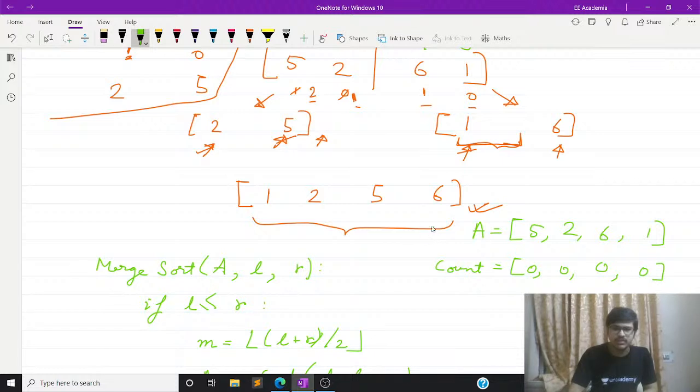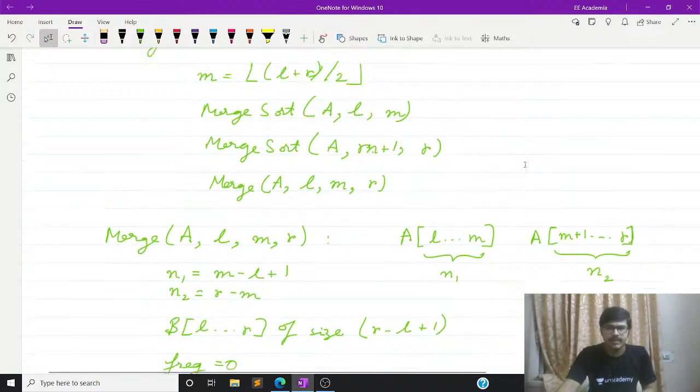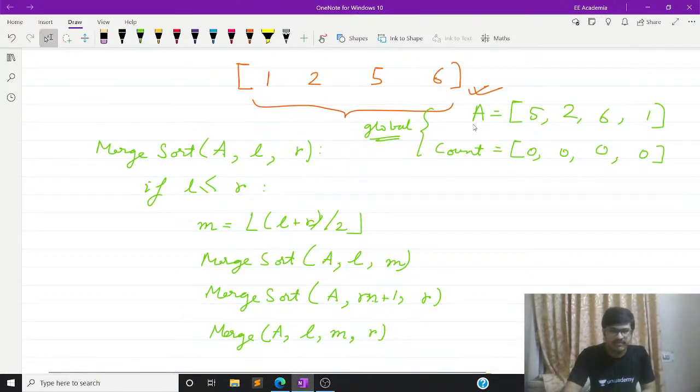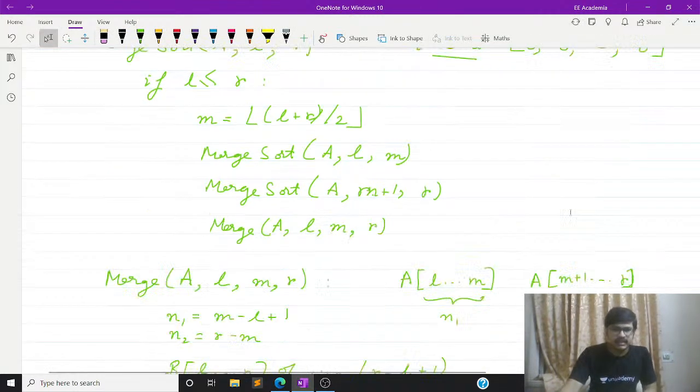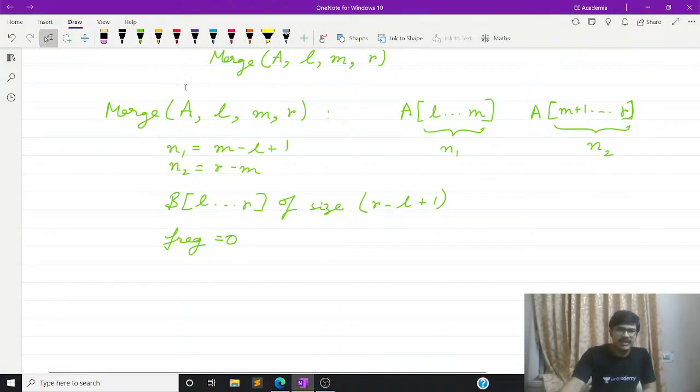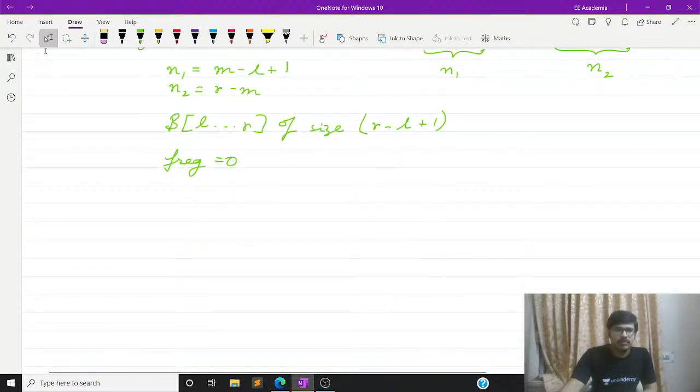Let's call these two global arrays, just for your understanding. So we have these arrays A and count already defined, so if I use A and count anywhere, these are defined. I hope we get this.